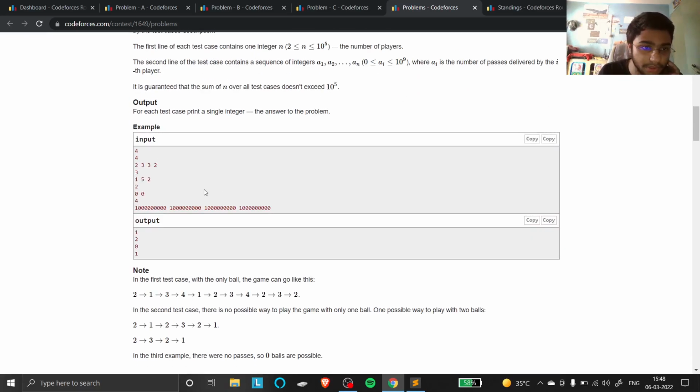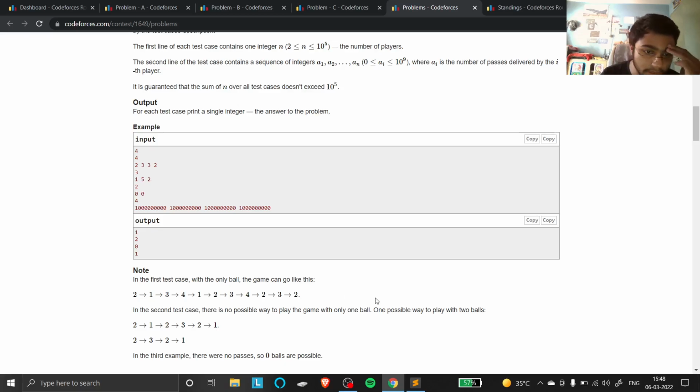So 2 passes from the first player, 3 from the second. In the first test case, with only one ball, the game goes like: 2 gave a pass to 1, 1 again gave a pass to 3, 3 gave to 4, and 4 gave a pass to 1, 2, 3, 4.